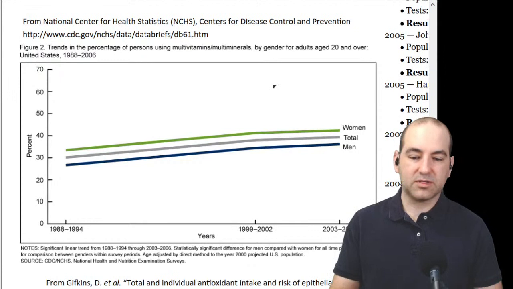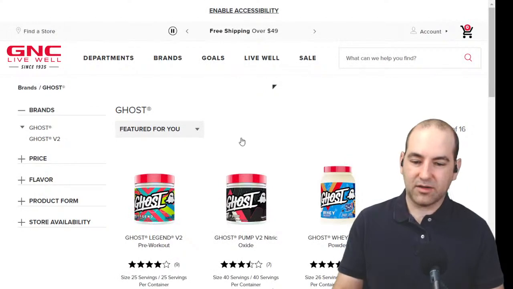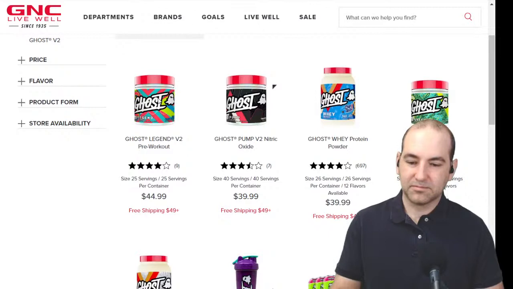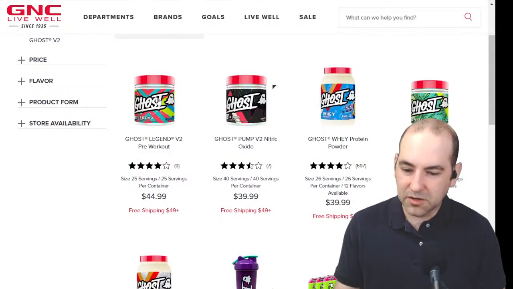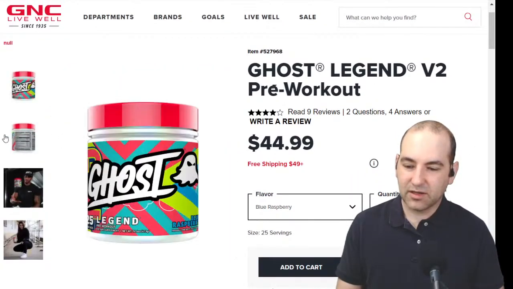Let's just look at a couple and see what they have in them. So this is just one that came up. I don't know anything about these. But let's just grab one. It is the Ghost Legend V2 pre-workout. $45. Let's take a look at the label.